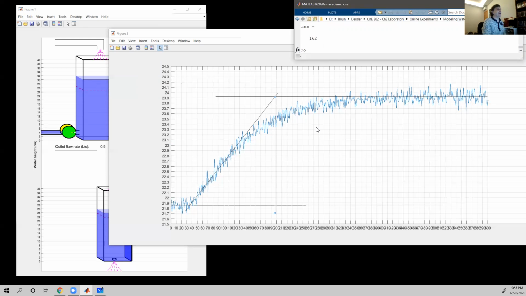And the Kp value is going to be found as delta y over delta u. So delta y is somewhat like 23.93 or something, minus 21.85-ish.